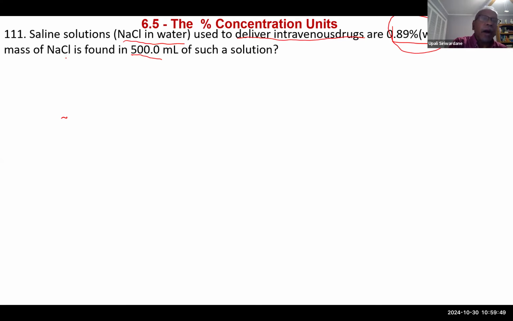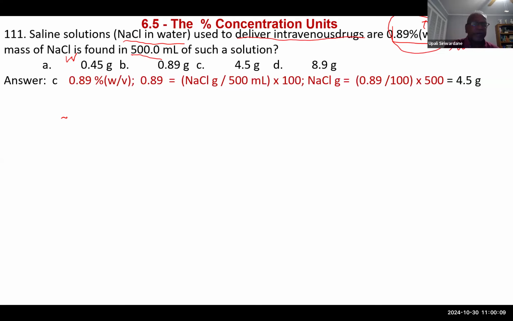This is the part, the sodium chloride, which is the question. V is given, 500. You plug in the 500 here. I worked out the calculation. Sodium chloride grams divided by 500. You get 4.5. That's C.